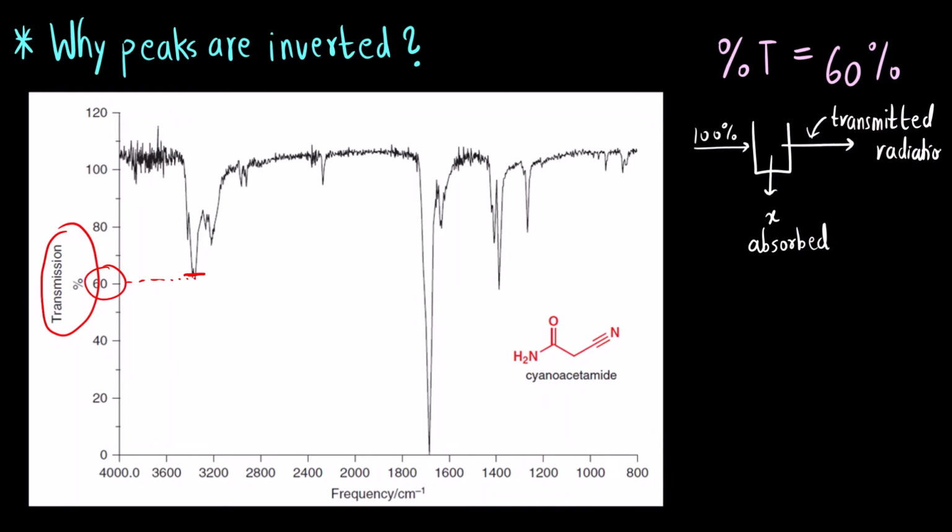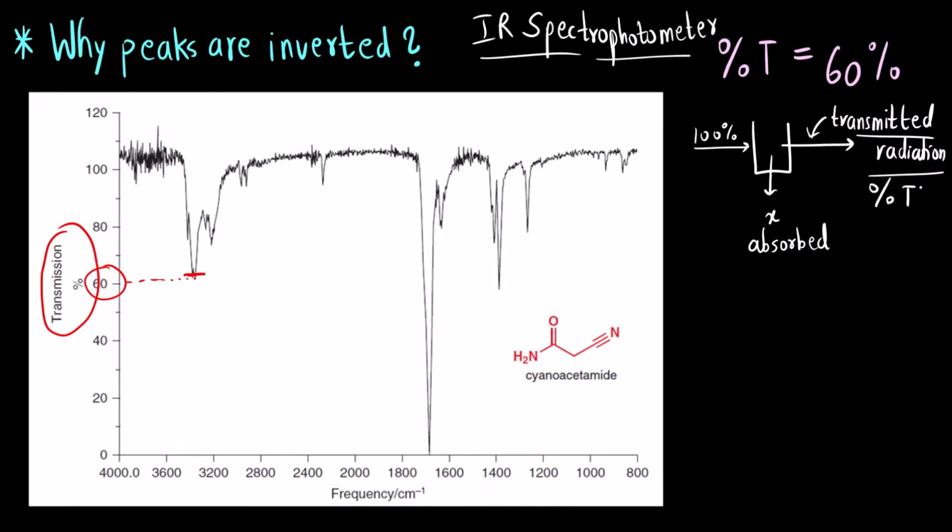This is what we measure in the machine called an infrared spectrophotometer. In an IR spectrophotometer, what we measure is the transmitted radiation, that is percentage T or percentage transmittance. The relation between absorbance and percentage transmittance is minus log of percentage T.